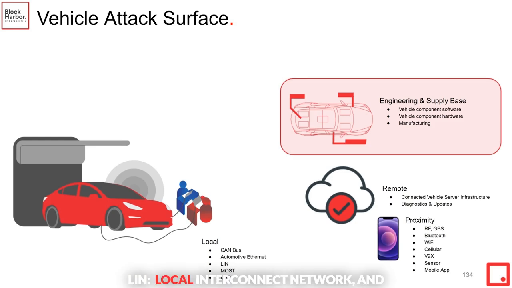LIN, Local Interconnect Network, and MOST, Media-Oriented Systems Transport. These are other in-vehicle networks that manage different subsystems. USB ports, often used for diagnostics, firmware updates, or media playbacks. USB ports can be exploited if attackers gain physical access to the vehicle. Protecting local interfaces involves implementing strong access controls and encryption to prevent unauthorized access.